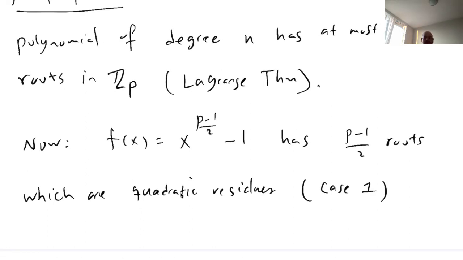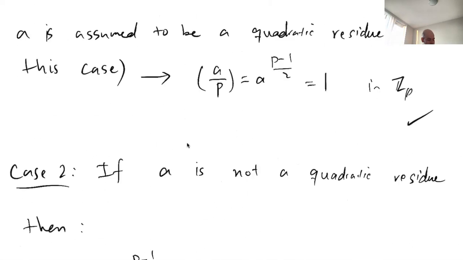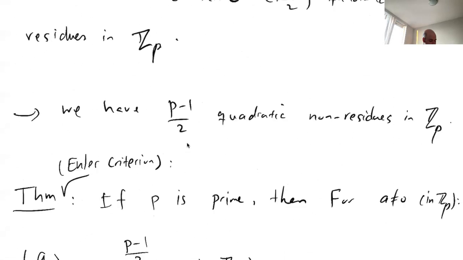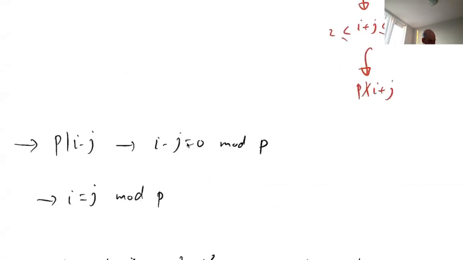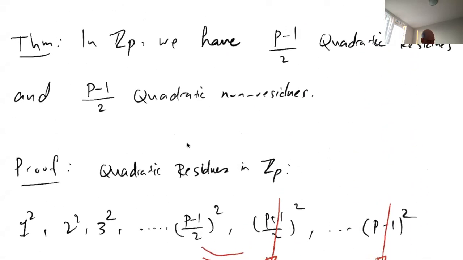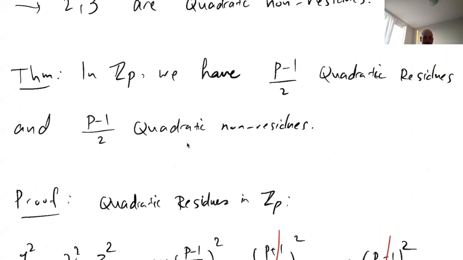In case 1, we showed that every number which is a quadratic residue is a root of this function. But how many quadratic residues do we have in total? The theorem before this one showed that we have exactly (p minus 1) over 2 quadratic residues.